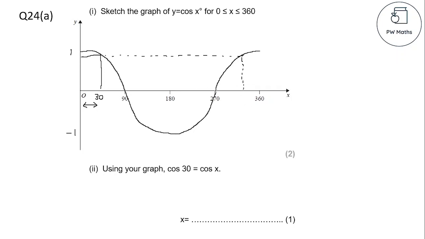And I'm thinking, because of the palindromic nature of this graph, that distance there is going to be the same as that distance there. So if I start at 360 and go backwards 30 degrees, gives me an answer of 330 degrees.